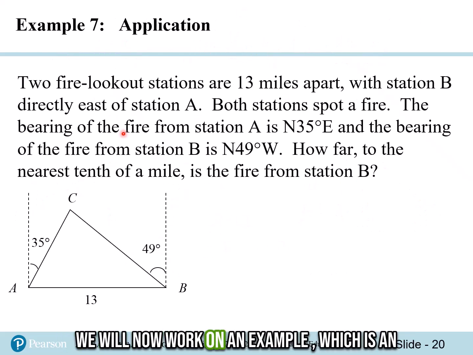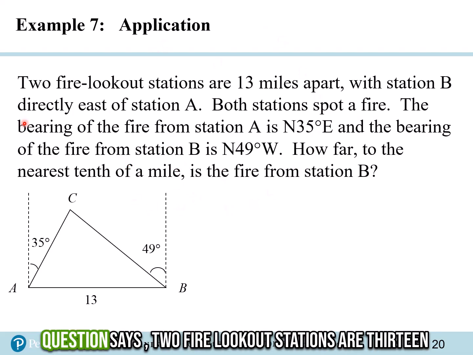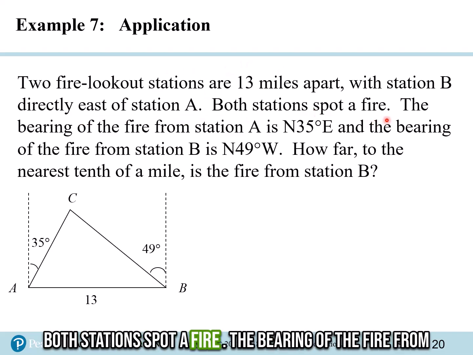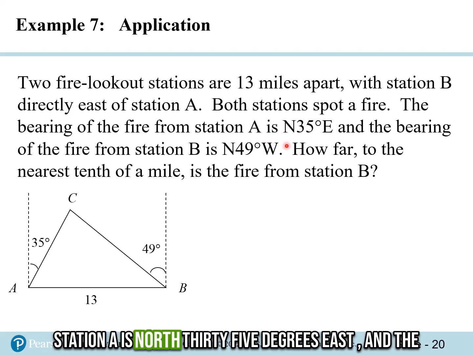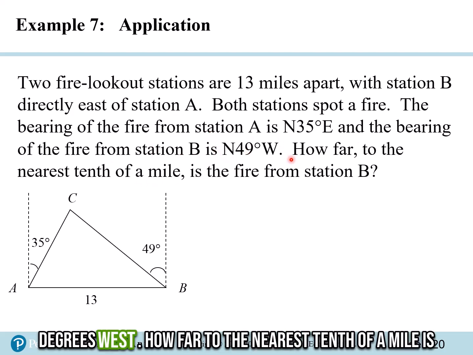We will now work on an example, which is an application of law of sines in a word problem. The question says two fire lookout stations are 13 miles apart, with station B directly east of station A. Both stations spot a fire. The bearing of the fire from station A is north 35 degrees east, and the bearing of the fire from station B is north 49 degrees west.